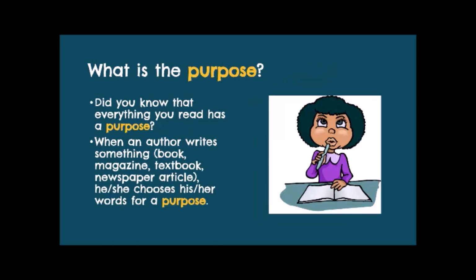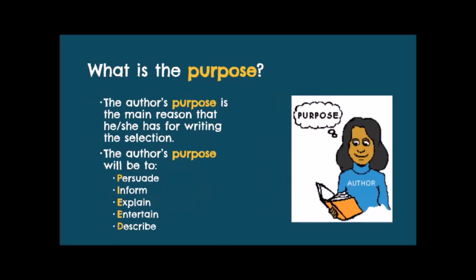So let's get started. First of all, what is the purpose? Did you know that everything that you read has a purpose? When an author writes something, and it can be anything, a book, a magazine, textbook, anything that he chooses, all of his words have a purpose. He has a purpose behind why he or she is writing.